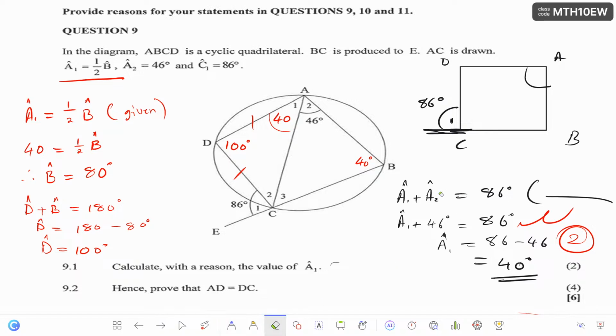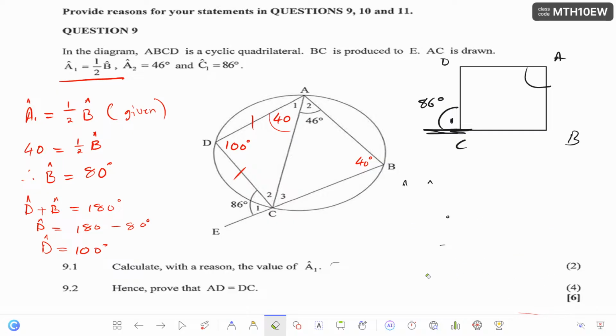Allow me to erase this one, since now you understand how we got the first one. So now since we have this one and this one, we can find C2. Angle C2 plus angle D plus angle A1 is equals to 180 degrees.